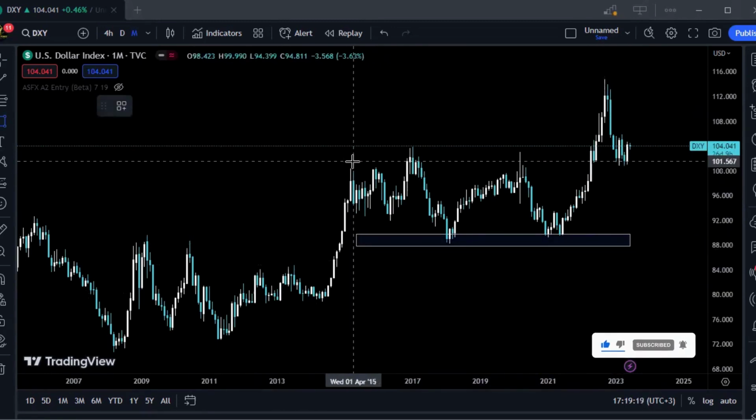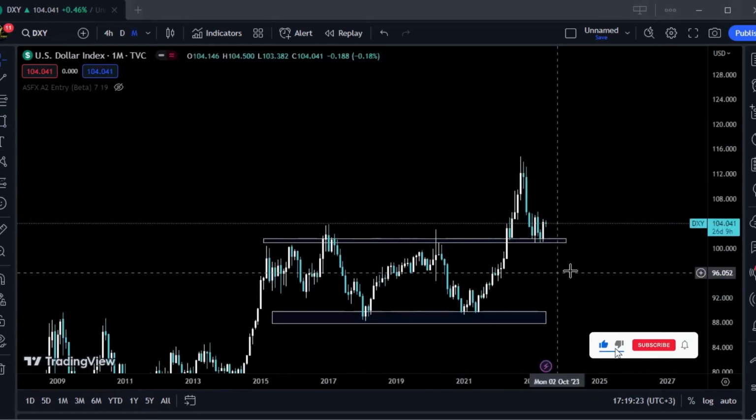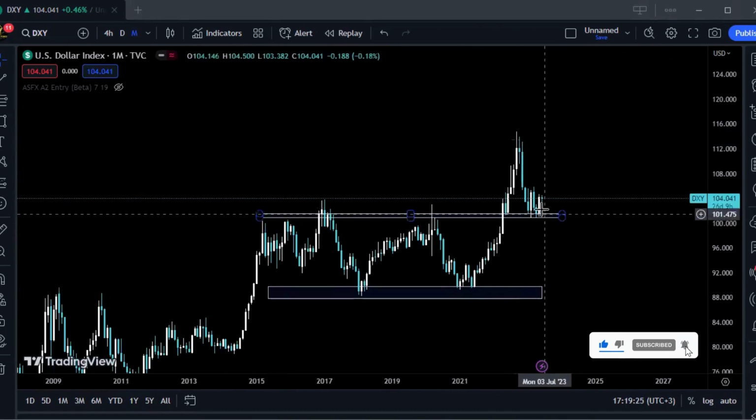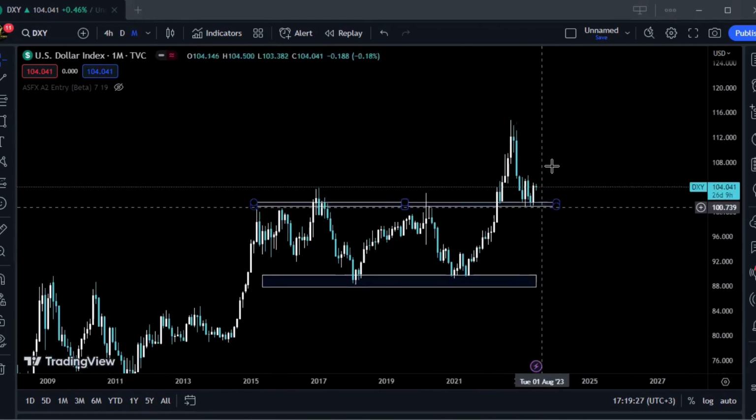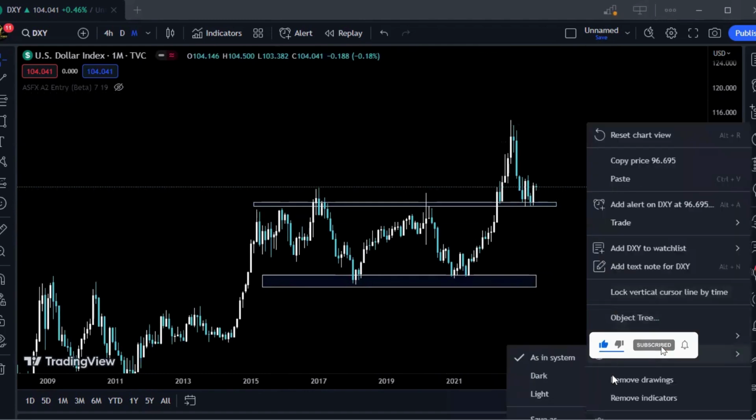I'm just going to map out these structures. You can see that prices broke above this structure and gave us a retest. Now we are anticipating some kind of continuation for prices to keep on pushing higher.